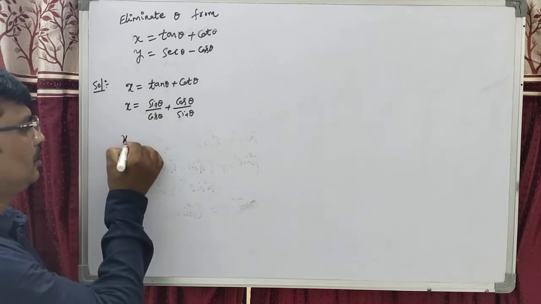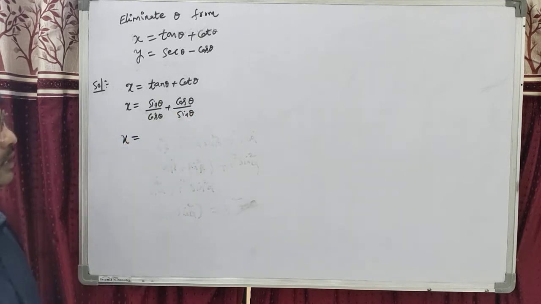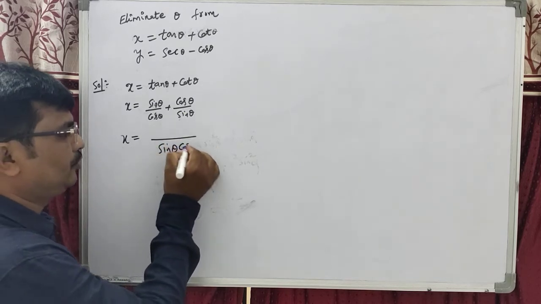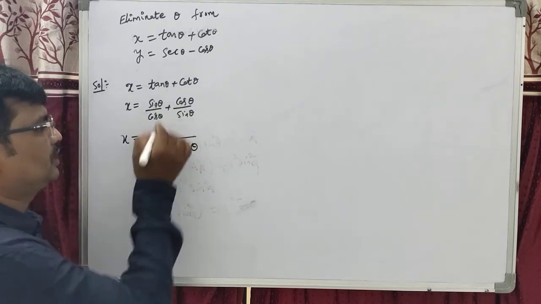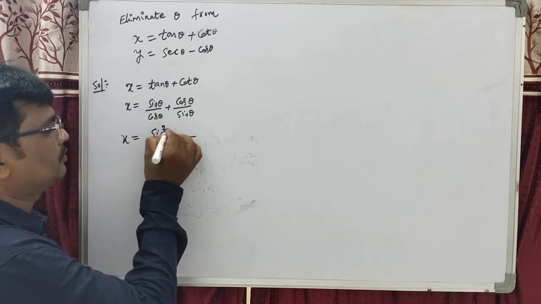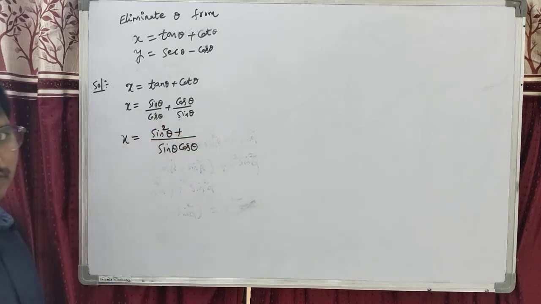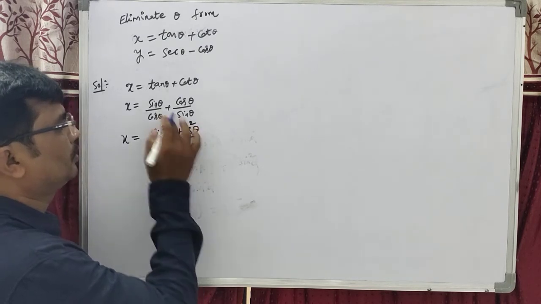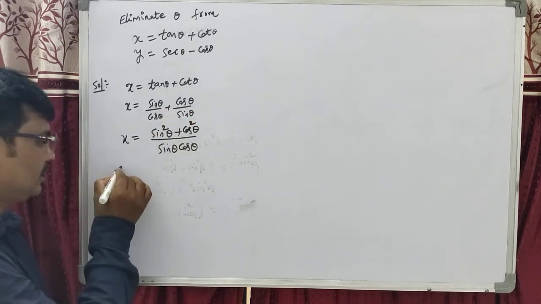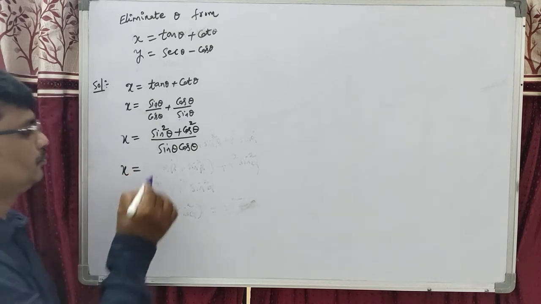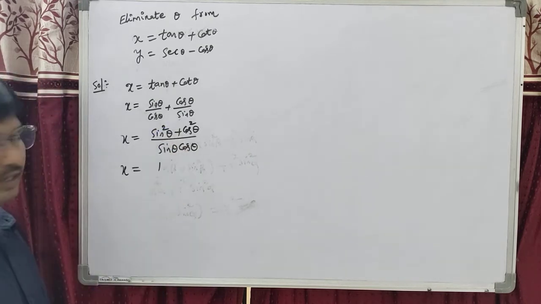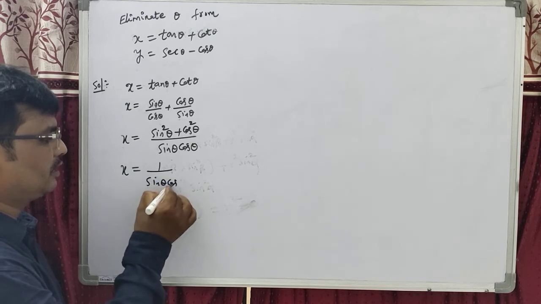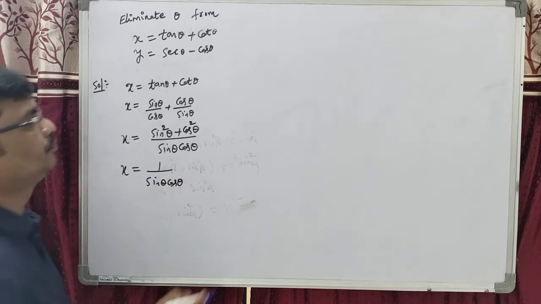Now x equal to, taking the LCM sin theta into cos theta, this is sin square theta plus cos square theta. So x equals the value of sin square theta plus cos square theta upon sin theta cos theta.